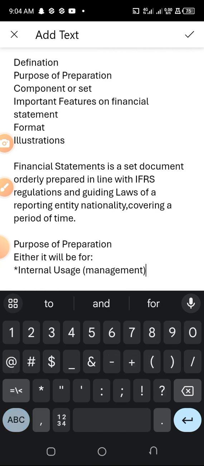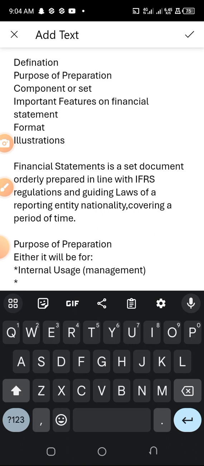So this is for internal users. These may not need you to prepare so many of them, so it may not necessarily need that you must prepare the full complement of components of the financial statements. And so we have the second purpose, which is for external usage.